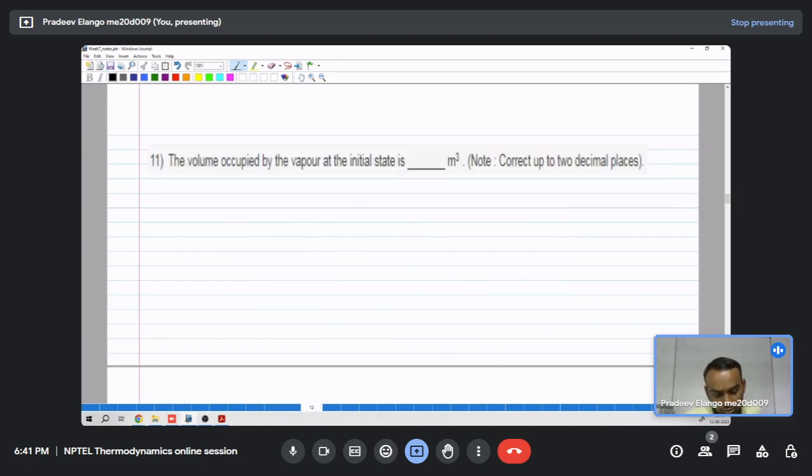Now the volume occupied by the vapor at the initial state. So Vg is Vg1 into the mass of the vapor.